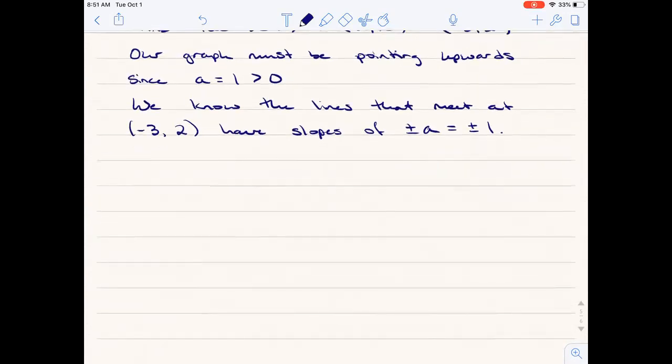So if we're just sketching it out, because I know that it's opening upwards and my vertex is at -3, 2, that's why I'm giving myself more room on the second quadrant.